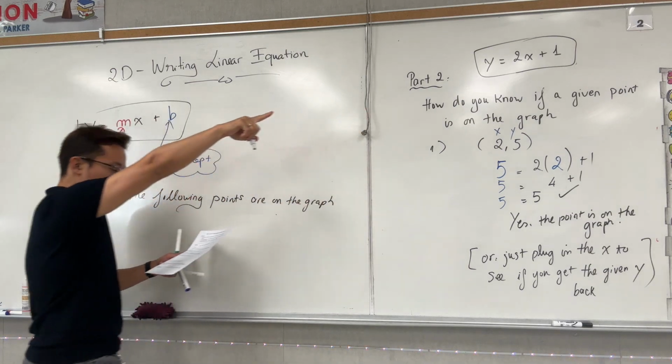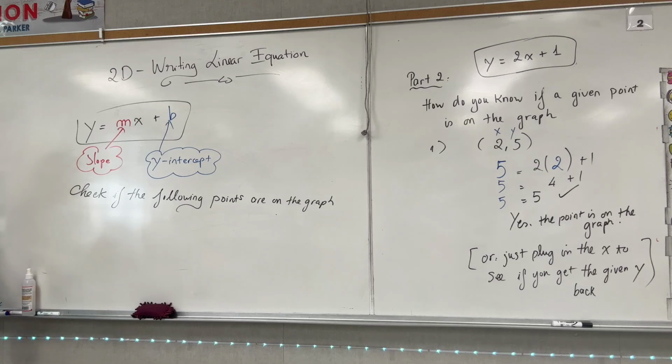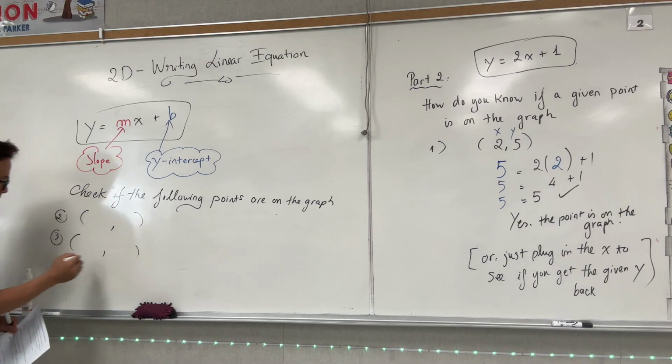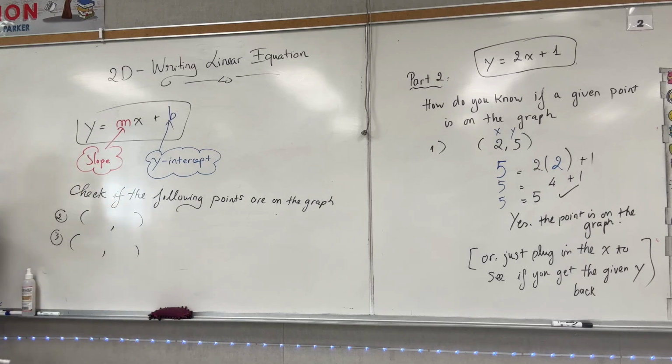Same graph, okay? We're going to use the same one. For the check-up learning, we don't want to complicate it. Done writing? Ready? I'll give you a little bit of time. Check if the following points are on the graph.